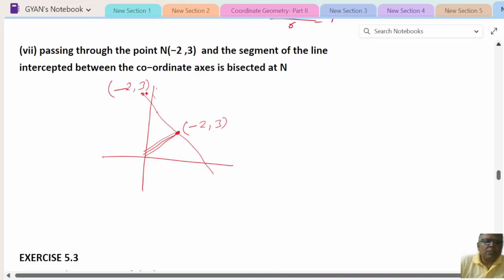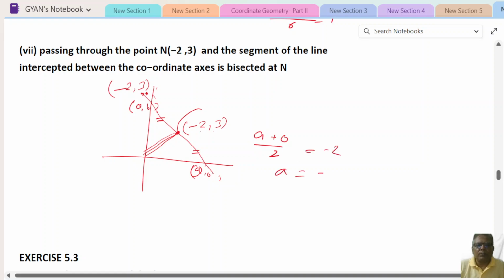So this is bisected, meaning this part and this part are the same. Suppose this coordinate is 0, b and this coordinate is a, 0. Then a plus 0 divided by 2, because it's bisecting, is equal to minus 2.